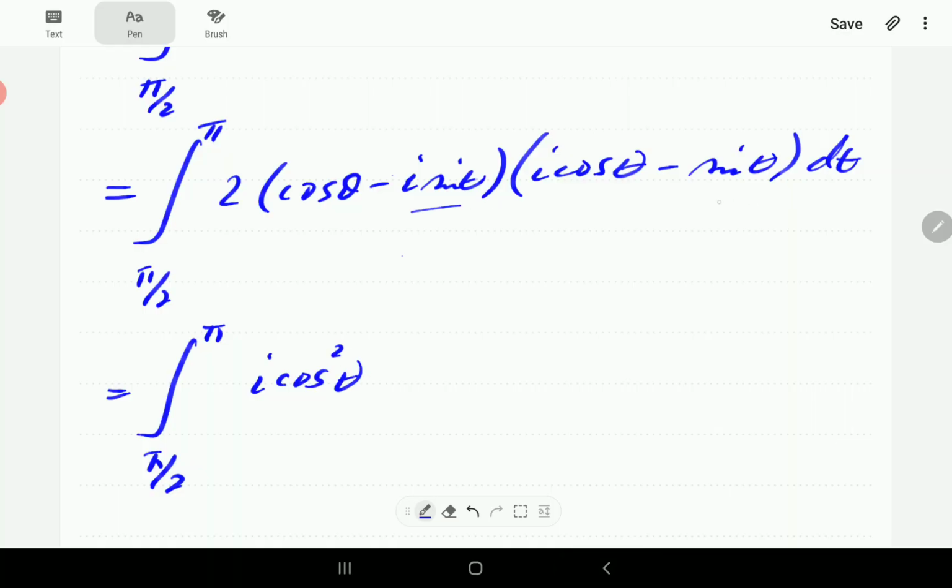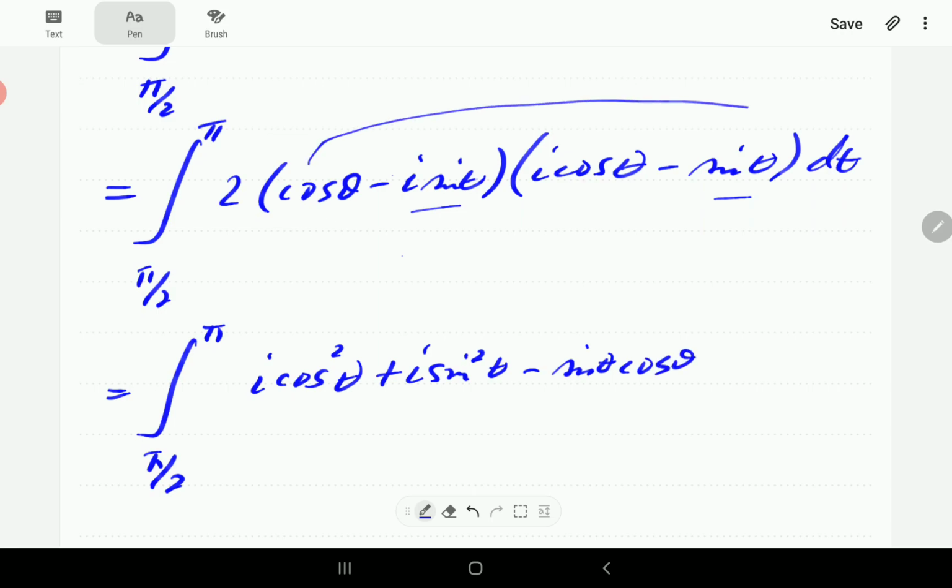The sines are going to give us i sine squared theta. Then the combined terms: we are going to have minus sine theta cosine theta, and if we multiply the other two, that's going to give us plus sine theta cosine theta.